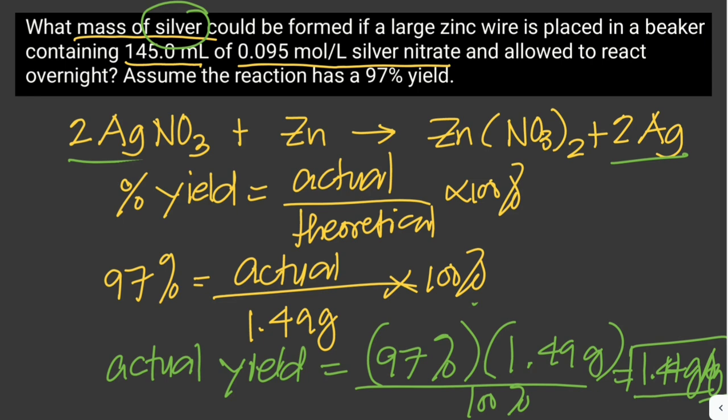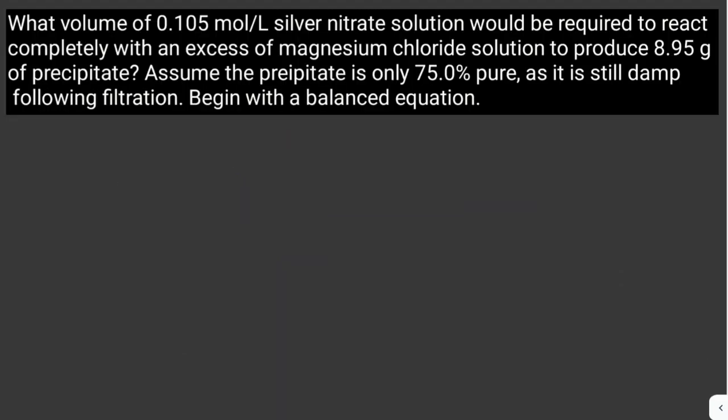Alright, let's solve another problem. What volume of 0.105 molar silver nitrate solution would be required to react completely with an excess of magnesium chloride solution to produce 8.95 grams of precipitate? Assume the precipitate is only 75% pure, as it is still damp following filtration. So begin with a balanced equation.